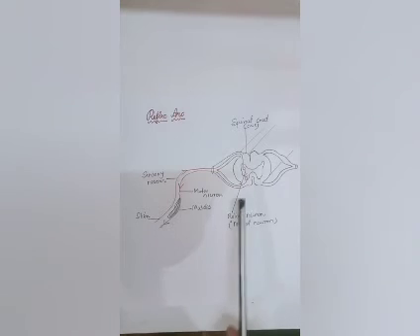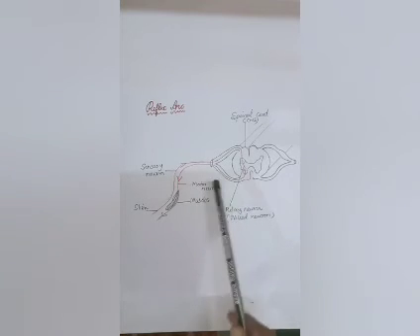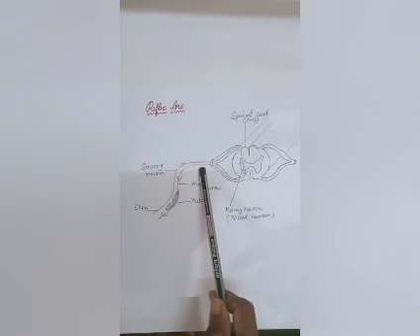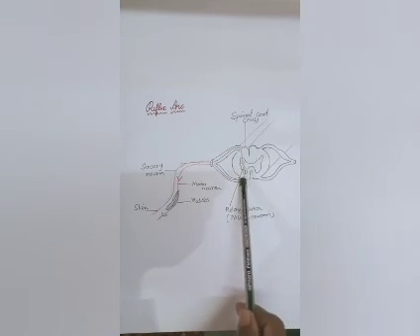What is the function of this motor neuron? Motor neuron brings the response from the spinal cord to the effectors. Effectors are the organs. It brings the message from the spinal cord to the effectors.